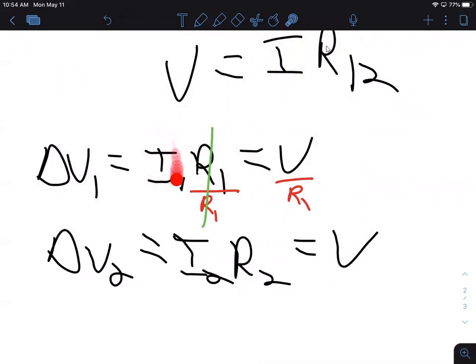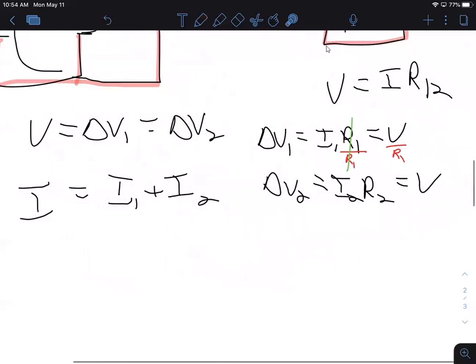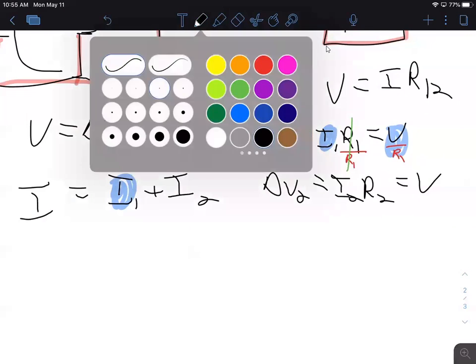I get I1 equals V over R1. Same deal here. I can get I2 equals V over R2. And I can plug that in. I can take that I1 equals V over R1, and I can put it in here. And I can do the same for I2.